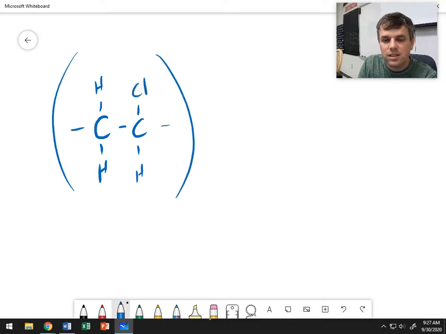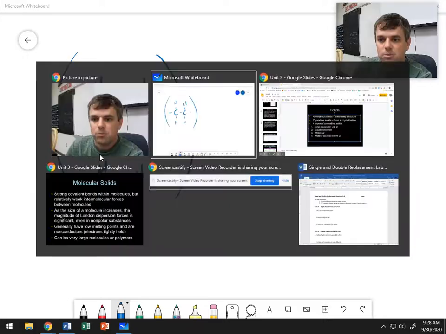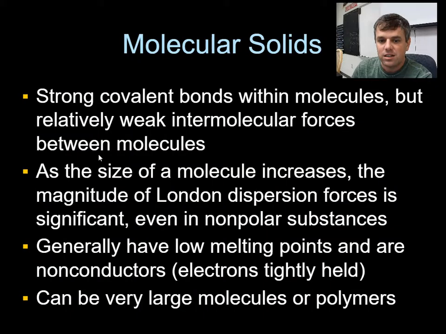And you just take this and you repeat this pattern over and over and over again to polymerize it and make a giant chain of this. This is called a vinyl chloride, and you just make a big chain of that. And that's what's polyvinyl chloride, or PVC, which is used to make plastic pipes and things like that.